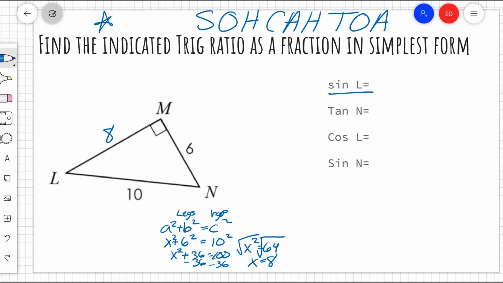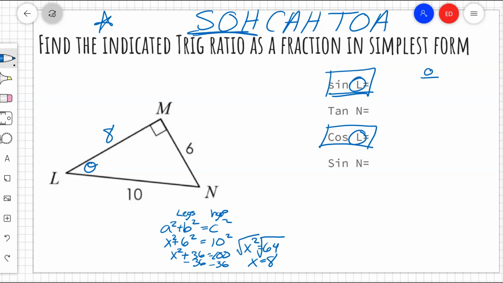All right. Now, this is going to switch. So I think I'm going to take care of sine L and cosine L because I'm going to label my triangles. You will see that it will switch from time to time because L represents the angle that we are setting all of our sides to. So if we're talking about L, we need sine.